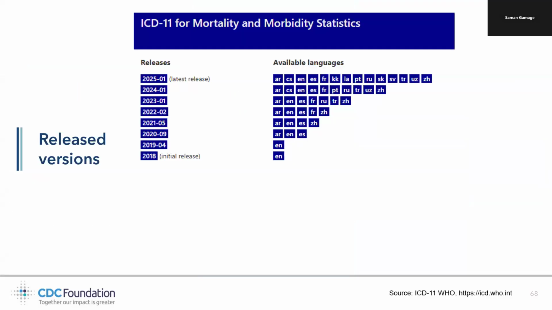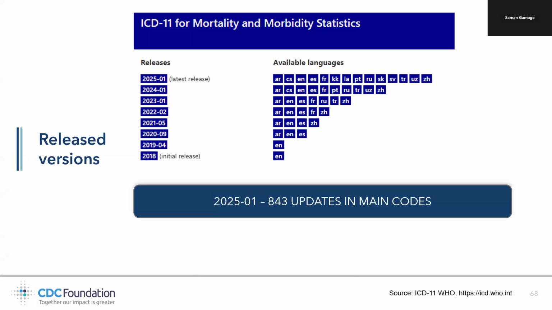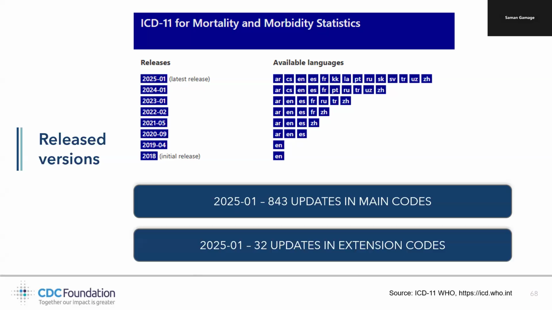So these are the released versions so far. The initial release was in 2018. The latest release was in January 2025 and is now available in 14 languages. In the January 2025 version, there are 843 updates in main codes and 32 updates in extension codes.